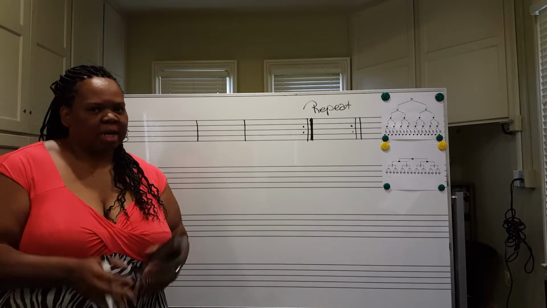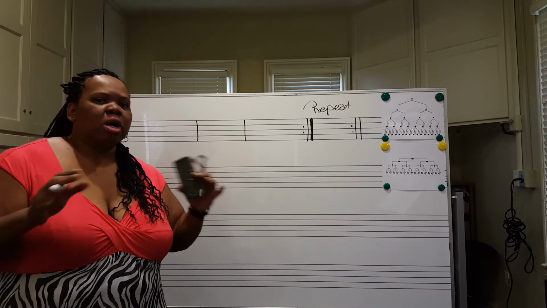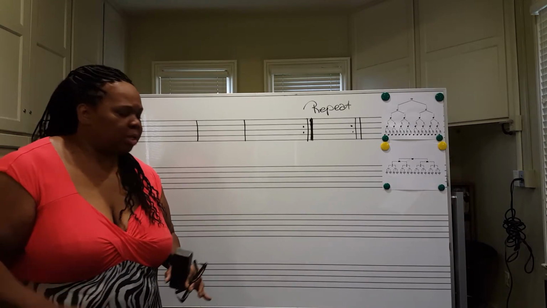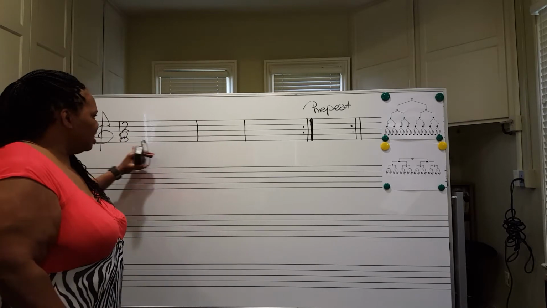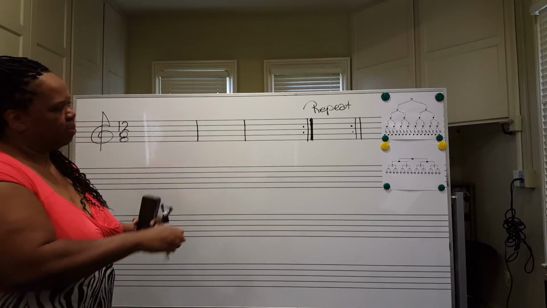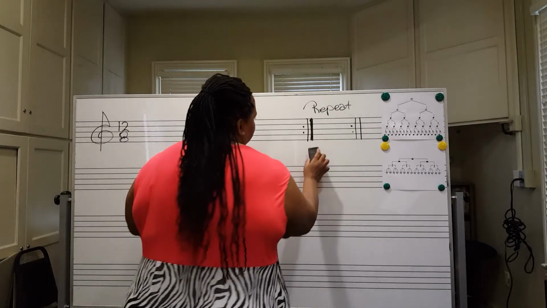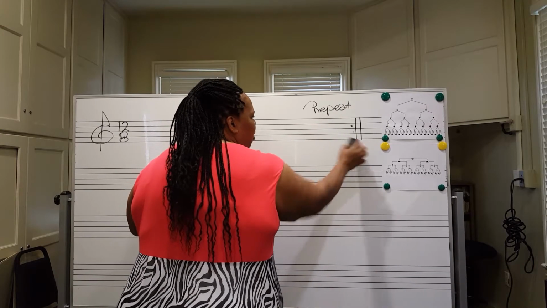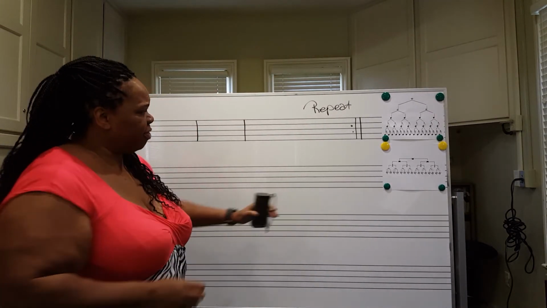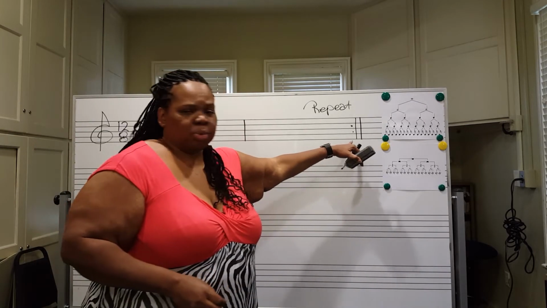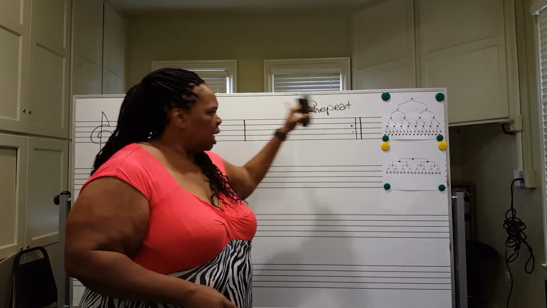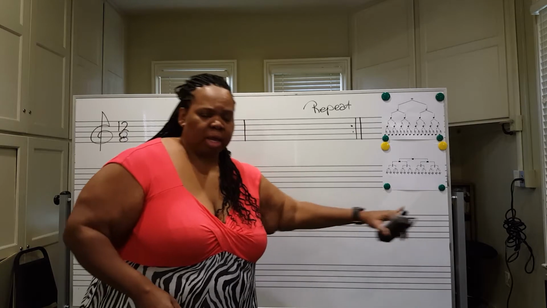We usually have to find something that lets us know where to start the repeat. In this case, let's say this is a whole set of music. Let me erase this one for the sake of getting it out of the way. Both of them will have repeats, by the way. When you have the repeat with this one, it tells us we're going to repeat a whole section, come back to this, and keep going.